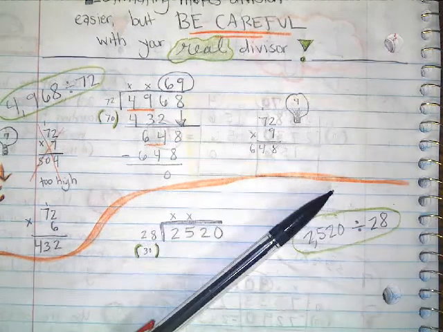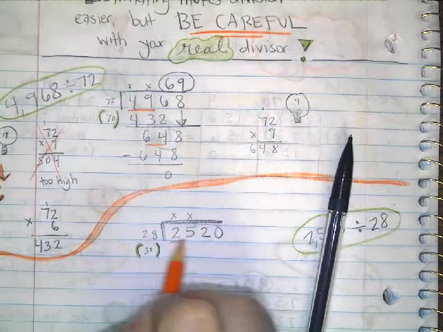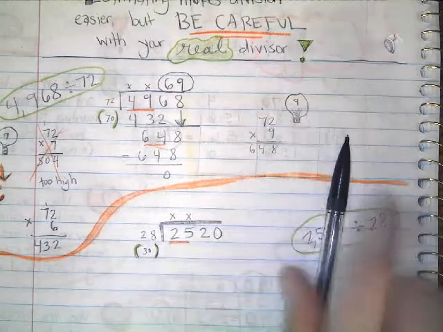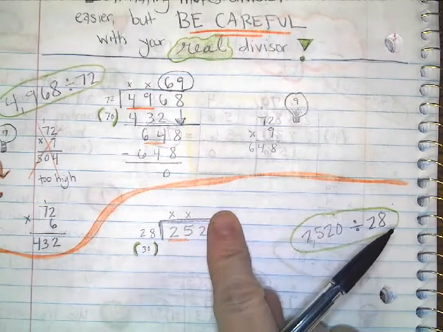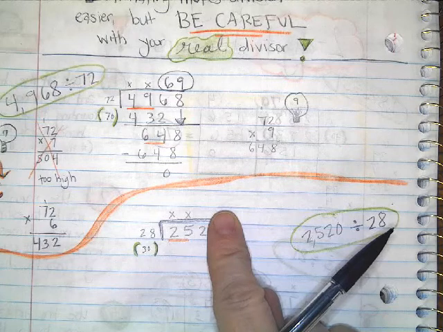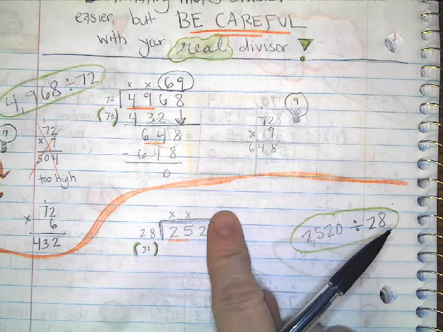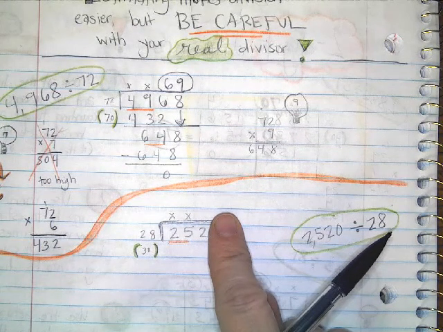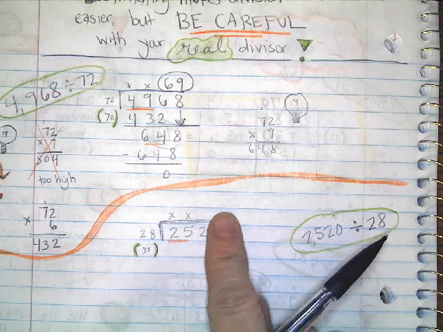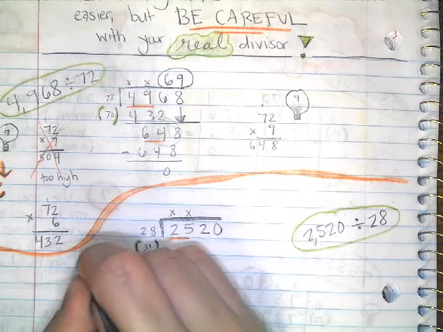So now I ask myself, what are my 30s times tables? Well, I don't know my 30s times tables, but I know my 3s, and I'm going to look at the first number, 25. 3 goes into 25 about how many times? 8 times would be 24. 9 times would be 27. I think maybe 4. What do you think about that?